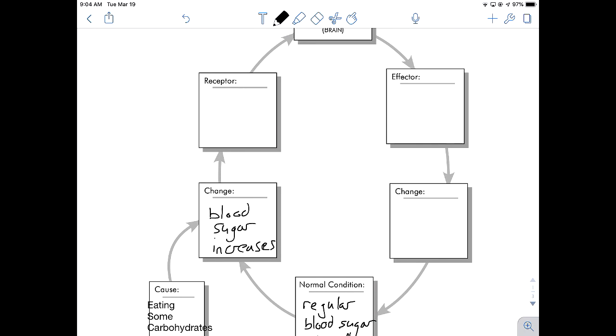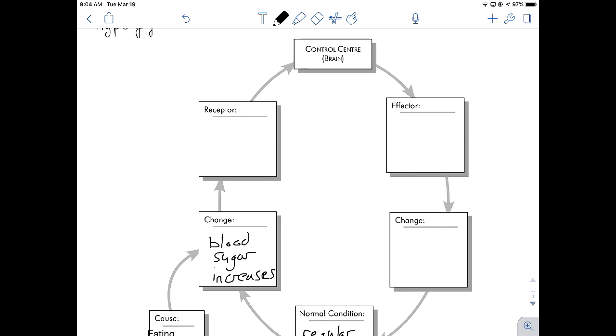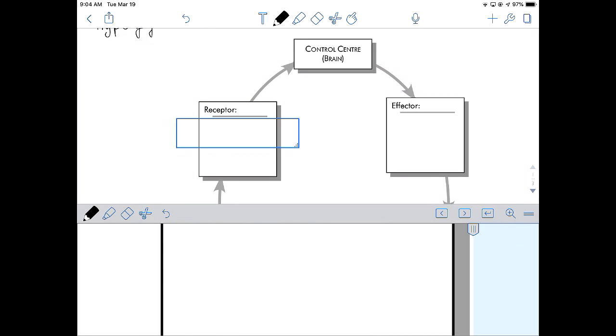Okay, so the receptor here is these glucoreceptors that are throughout the body. I believe they're in your blood. I'm going to write it incorrectly: glucoreceptors.